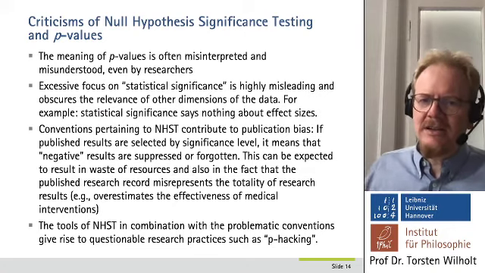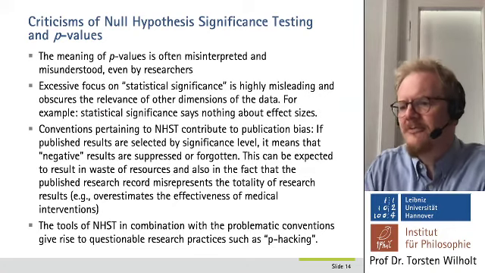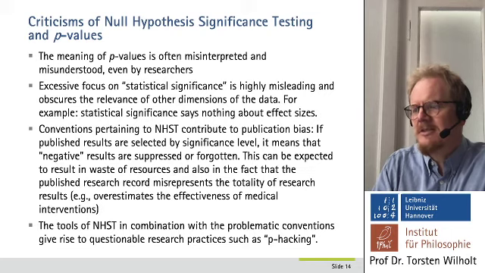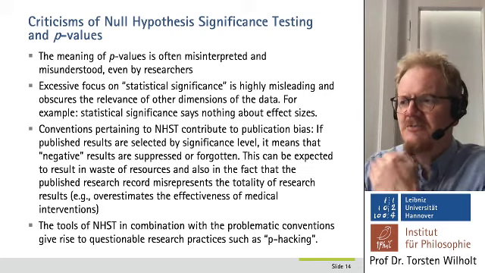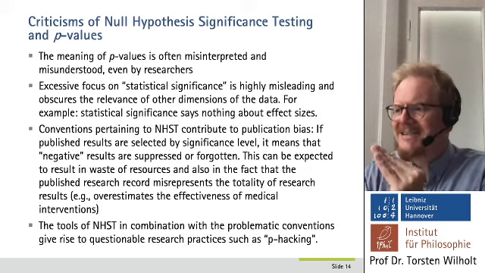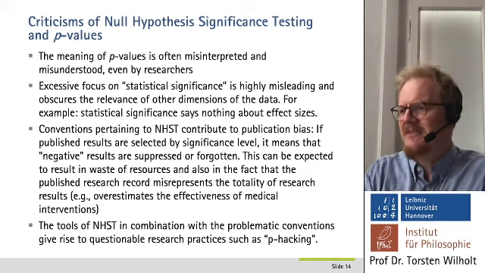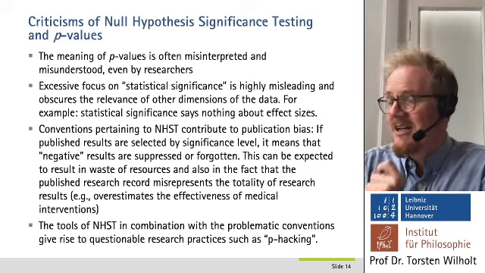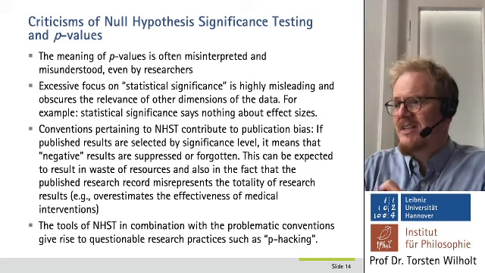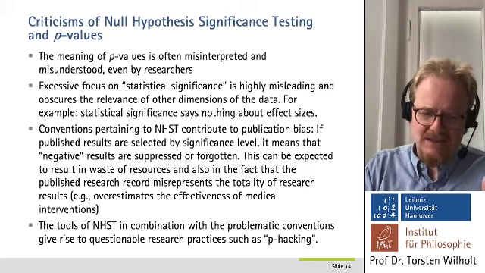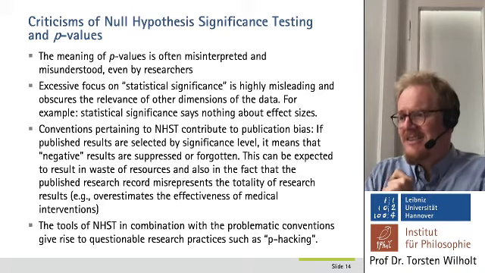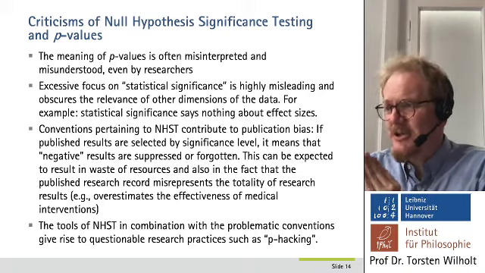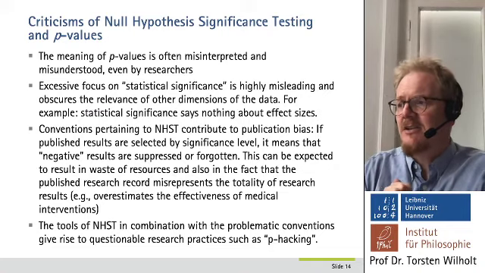Note that the threshold level of 0.05, that is the 5% threshold level, which is widely regarded as the maximally acceptable significance level, just means 1 in 20. So given that the null hypothesis is true, you would still get results of that kind in 1 in 20 cases.